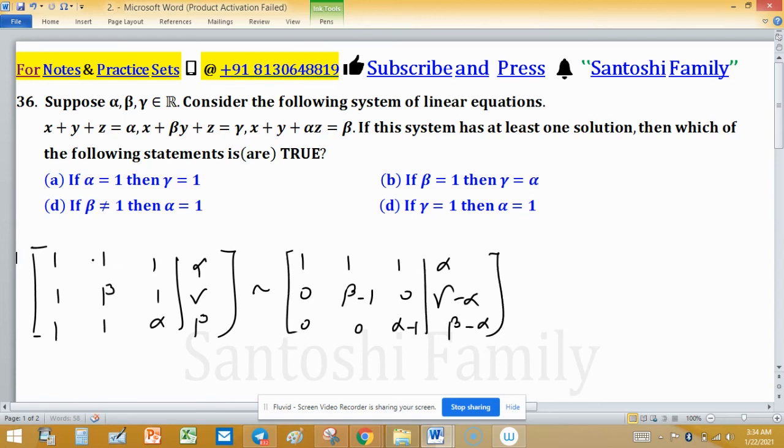So come to the options. If options are not given to us, then the system has a solution when the rank of the coefficient matrix equals the rank of the augmented matrix.